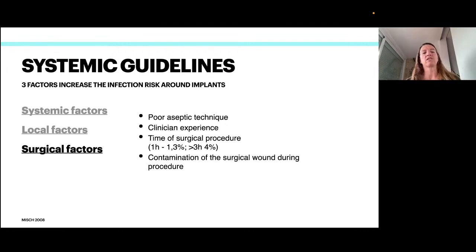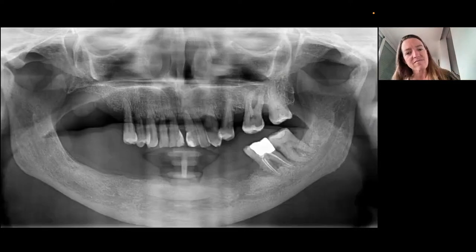These are important factors that we have to take into consideration, that we know will increase the risk of infection around the implants, and some of them we can avoid, or we can diminish the possibilities of infection, being it on the systemic factors, the local factors, or the surgical factors.